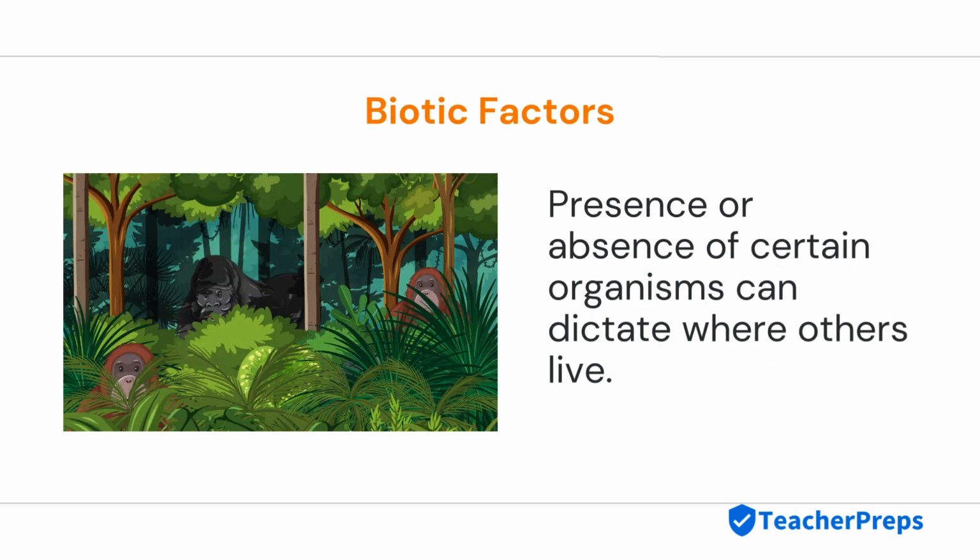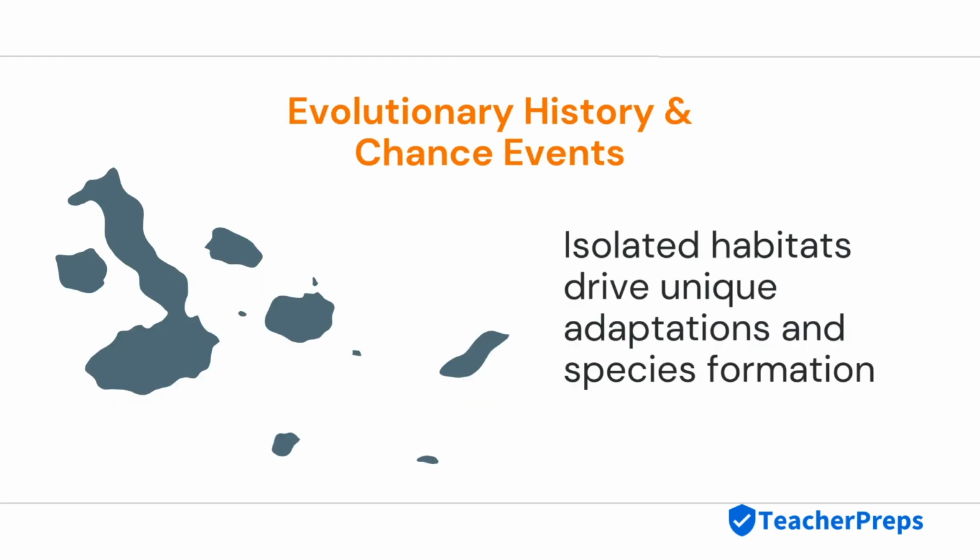Next, we can also think of the absence of certain organisms, such as food sources, and danger from predators or even parasites, which can all dictate where living things choose to live. Then we have chance events where islands like the Galapagos and isolated habitats drive unique adaptations and species formation due to the location.